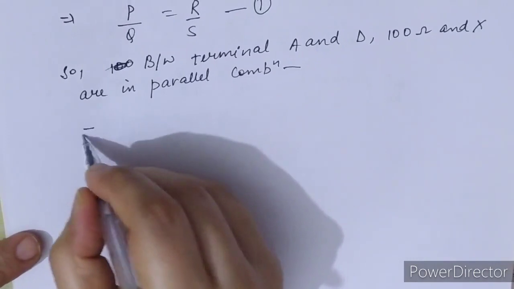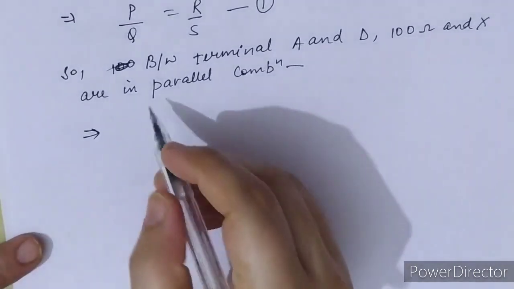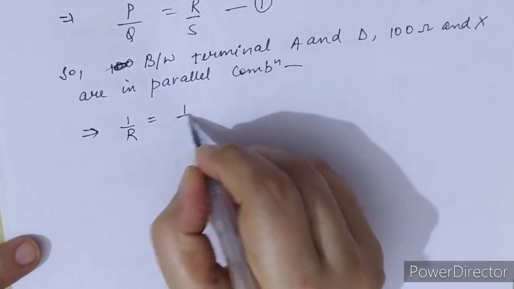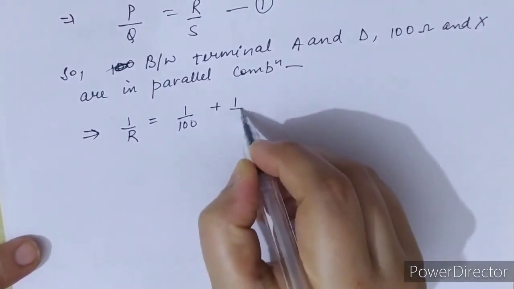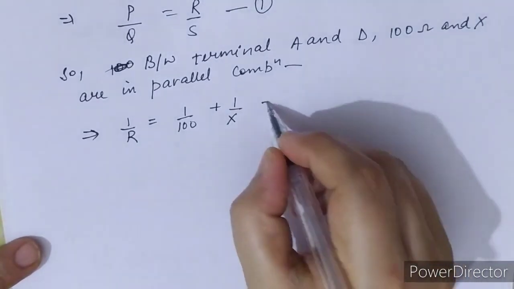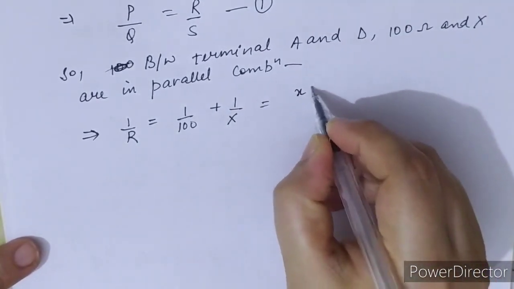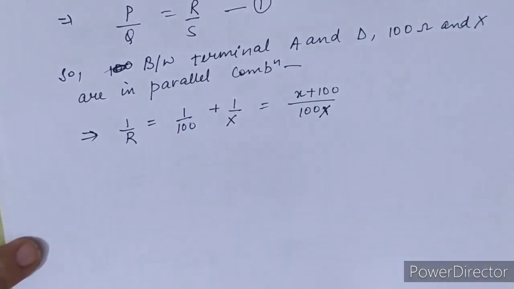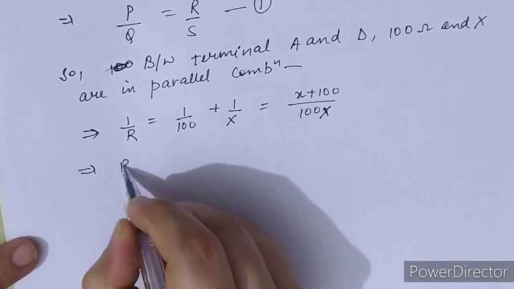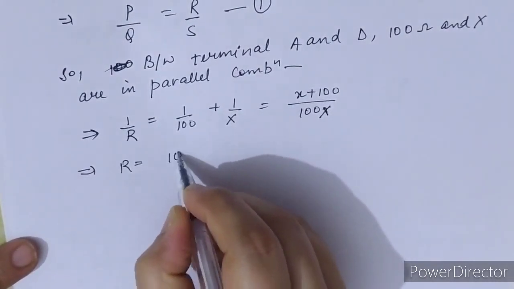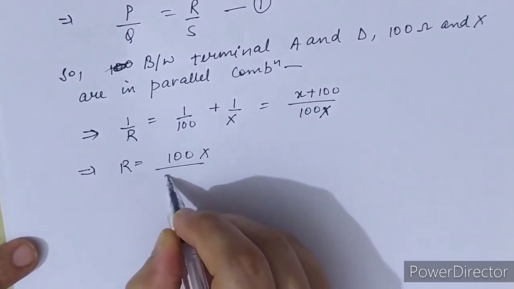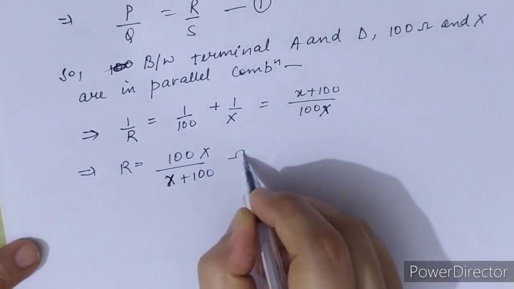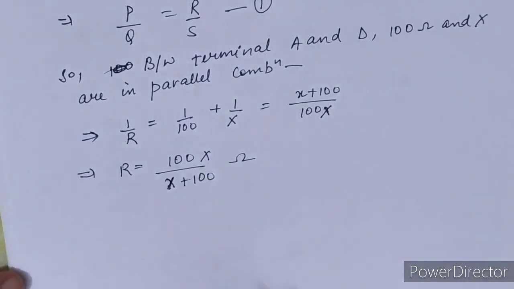So we apply the formula for parallel combination: 1 upon R is equal to 1 upon 100 plus 1 upon X. So from here, (X plus 100) upon 100X. Okay, so R is equal to 100X upon (X plus 100).